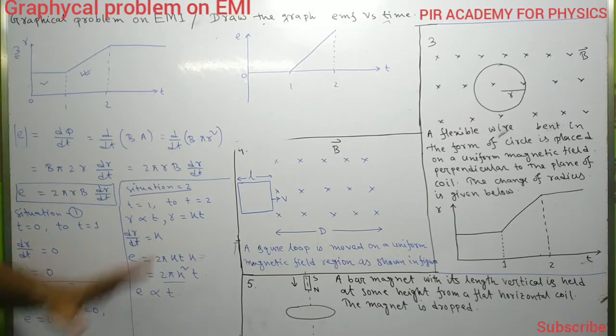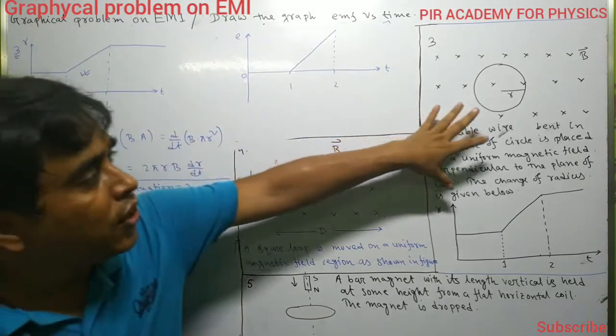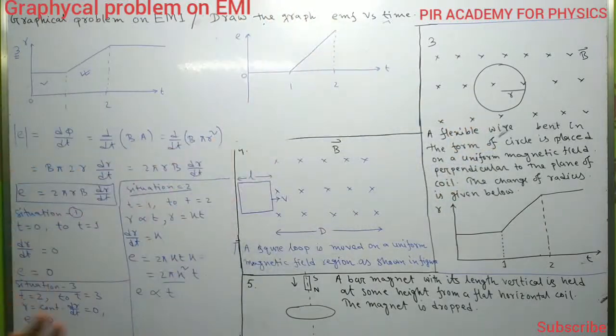So this is the graphical representation of situation number 3 of the induced EMF versus time graph. Now the situation number 4.